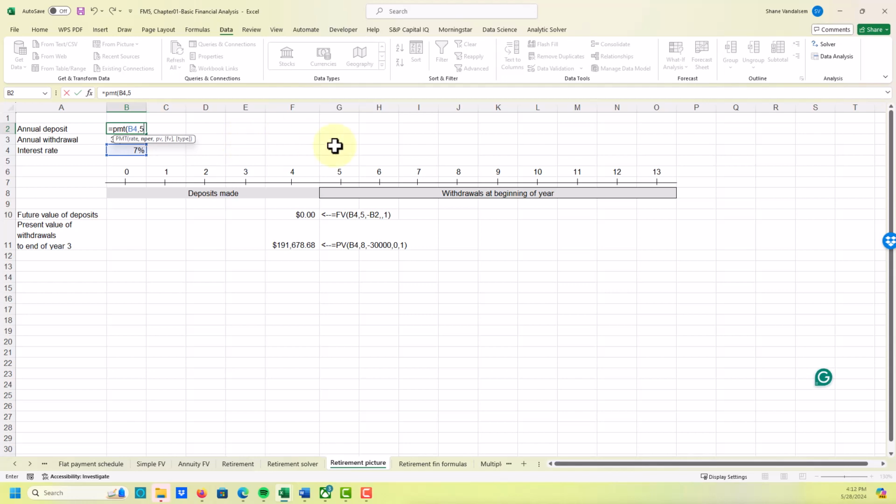So we have 1, 2, 3, 4, 5 periods we're going to put money in the bank for. Our present value is 0 because we're not starting with anything in the bank. Our future value, we want to have this $191,678.68.